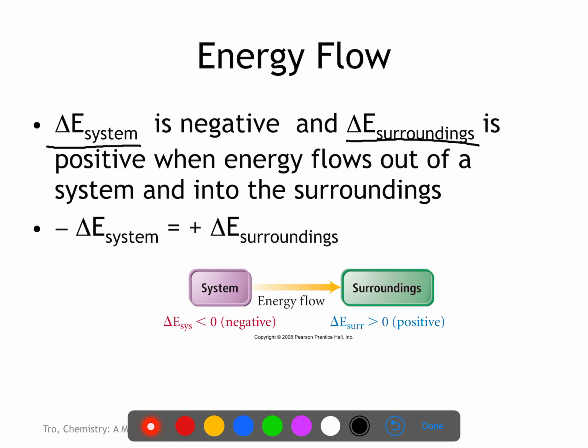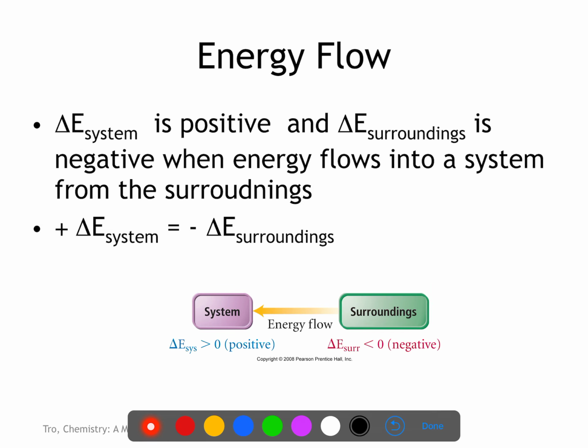And the opposite of that is true as well. When the change in energy of the system is positive and the change in energy of the surroundings is negative, that happens when the energy flows into the system. So it's negative when it goes out of the system, and it's positive when it goes into the system. But notice how they're always opposite sign because it's always being transferred from one to the other.